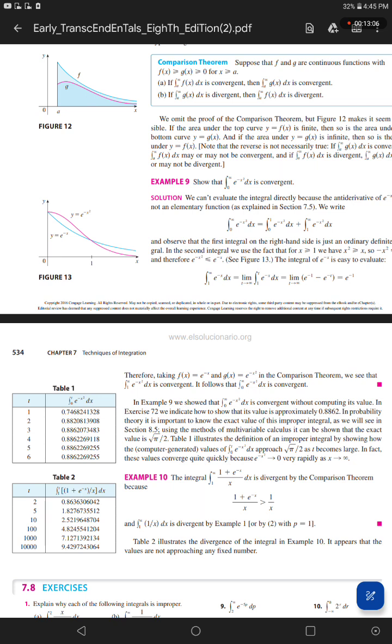Table 2 illustrates the divergence of the integral in example 10. It appears that the values are not approaching any fixed number.